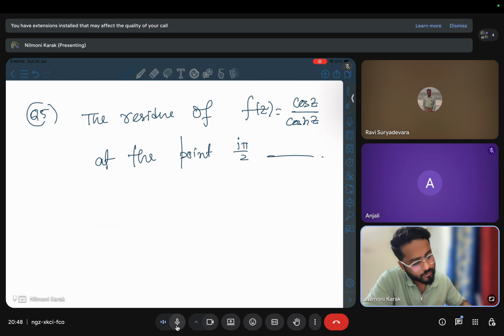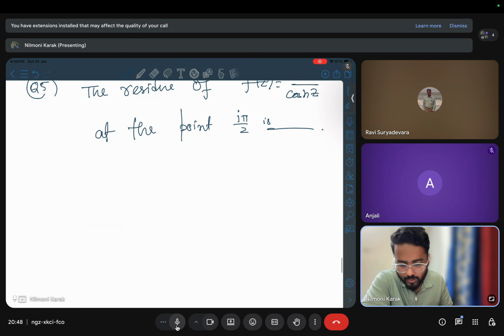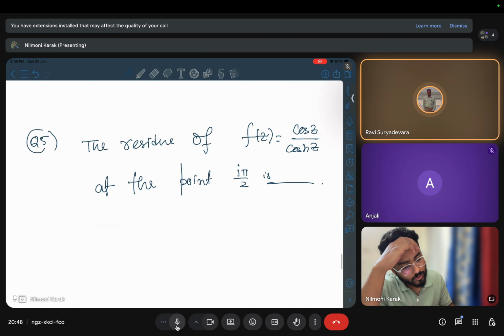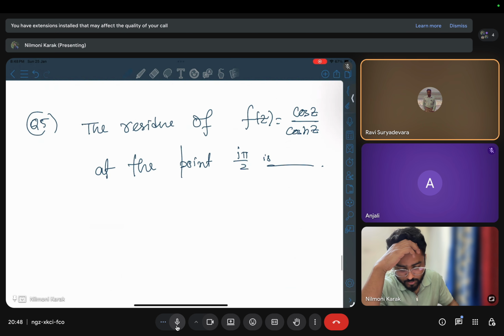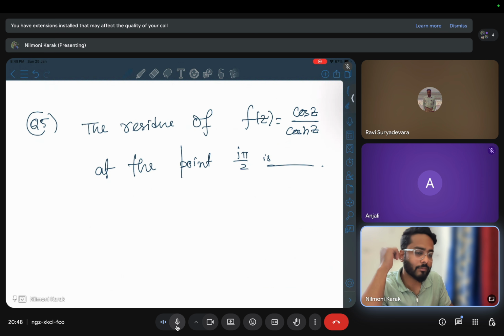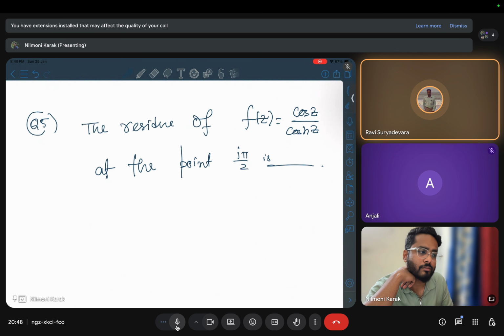So, what is the definition of residue? We have to see. Do you know what is the definition of residue? I don't remember now, but I heard this word.